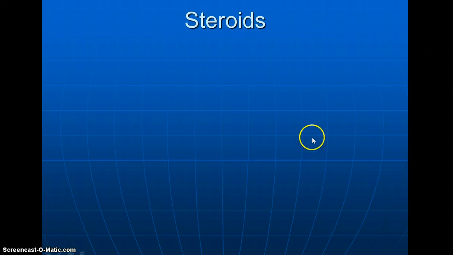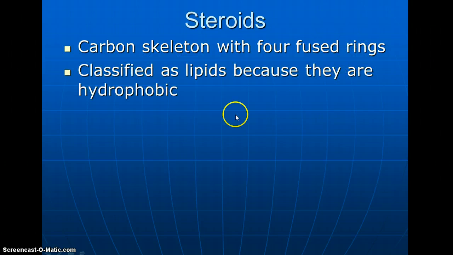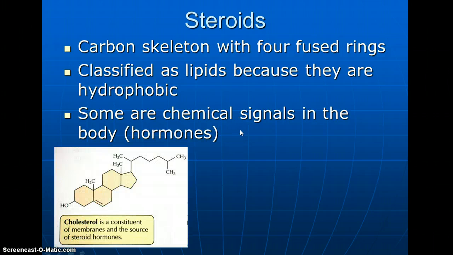Another type of lipid are steroids. So whenever you see a steroid, these have 4 carbon ring structures, and they are also hydrophobic, so that is why they're considered a lipid. And many of your steroids are chemical signals, which we call hormones. So here's an example of one.